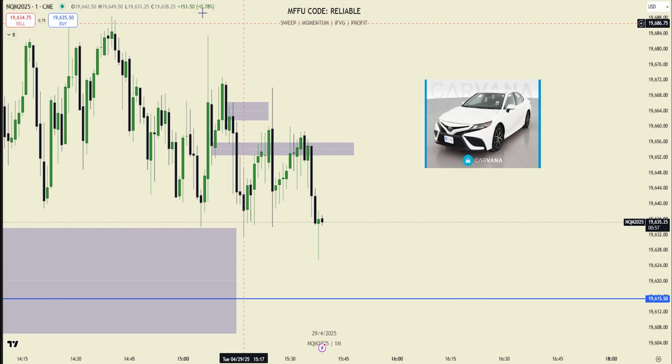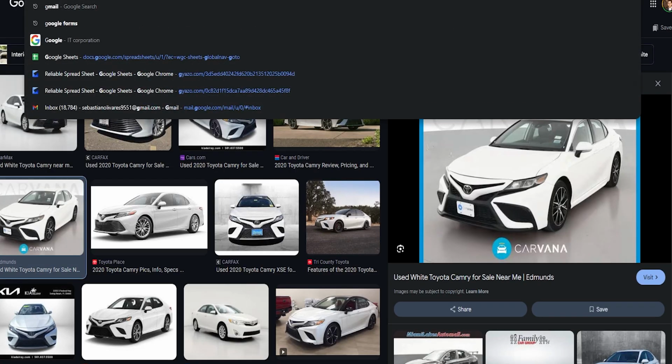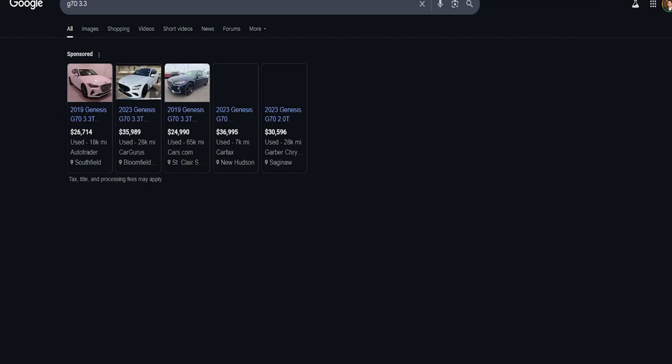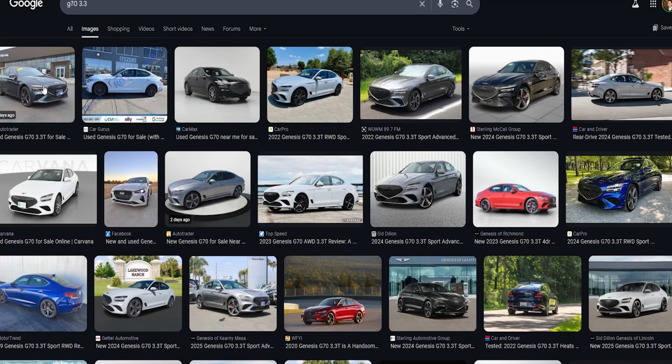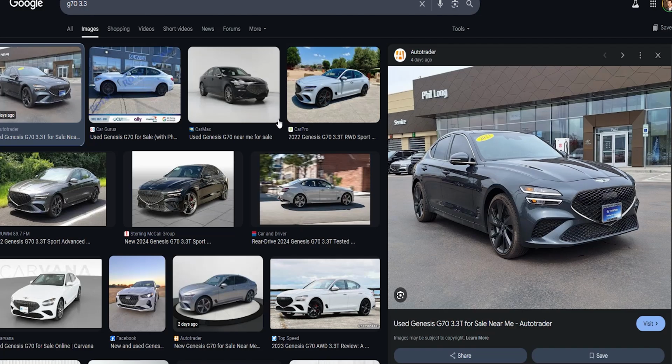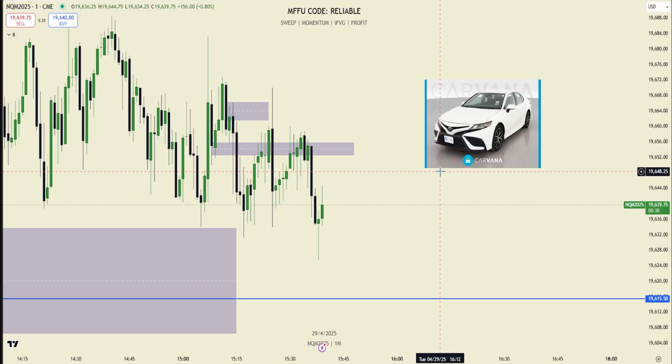I was actually thinking about trading this in and getting this. But apparently I don't think Genesis are as reliable. They're a pretty new car brand.